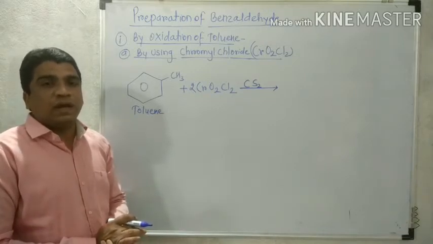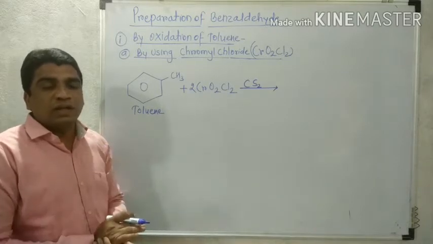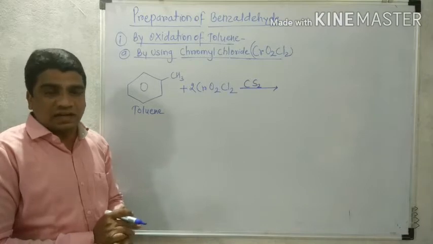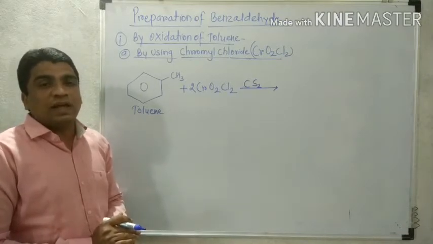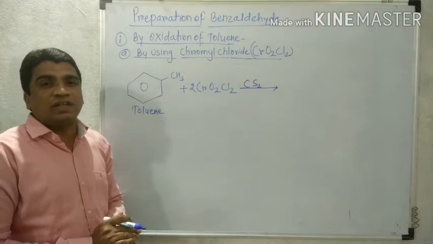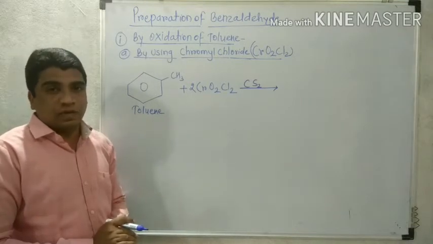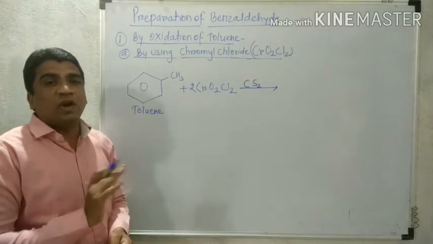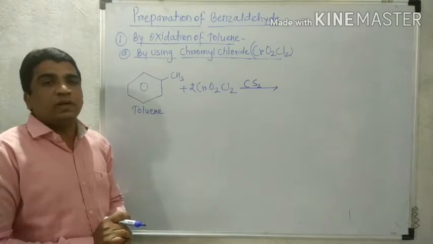When a strong oxidizing agent like KMnO4 or K2Cr2O7 oxidizes toluene, the reaction cannot stop at the stage of benzaldehyde. The reaction gives benzoic acid. Therefore we cannot use a strong oxidizing agent like KMnO4 or K2Cr2O7 with toluene.